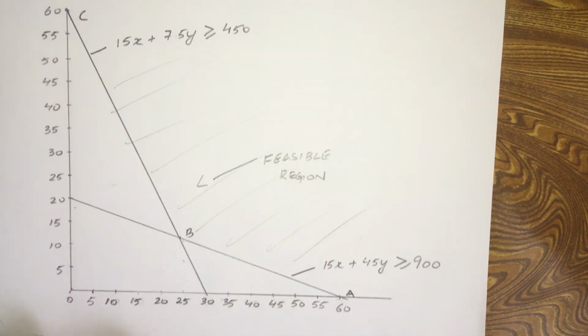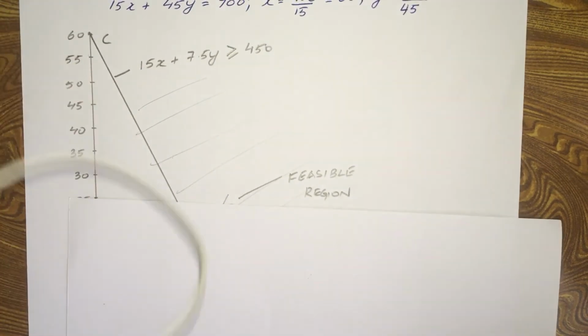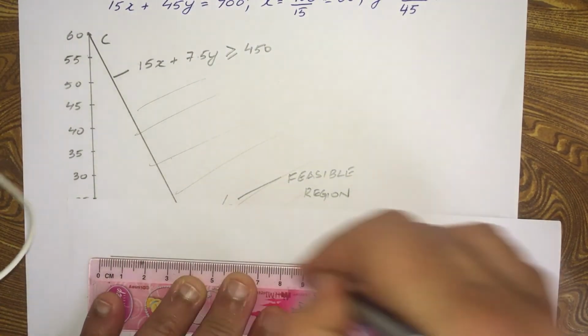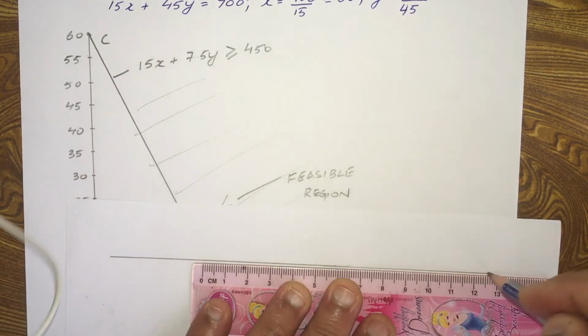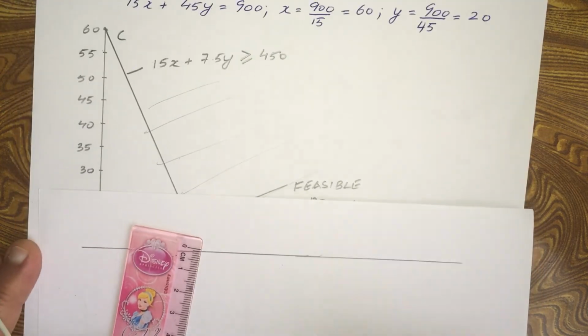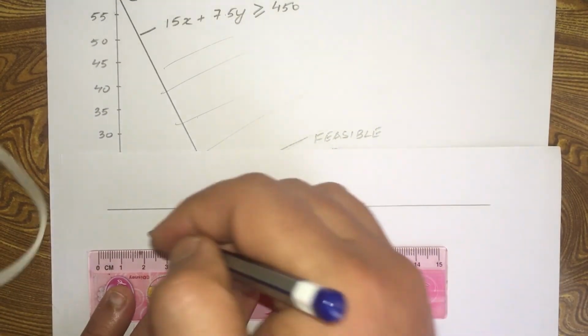Alright, now let's find out the coordinates of the extreme points, and also find out the value by substituting those coordinates in the objective function.